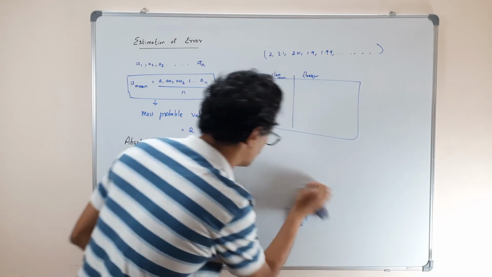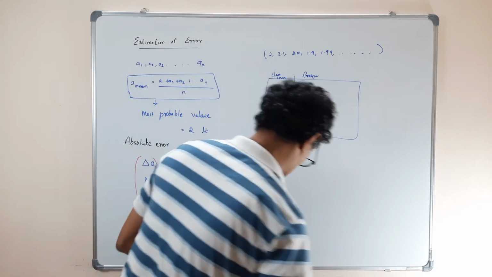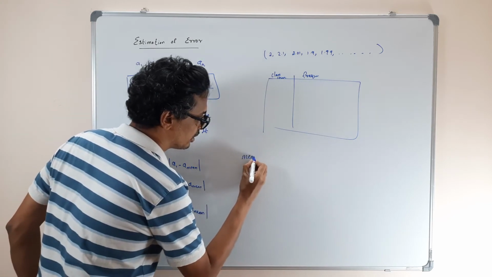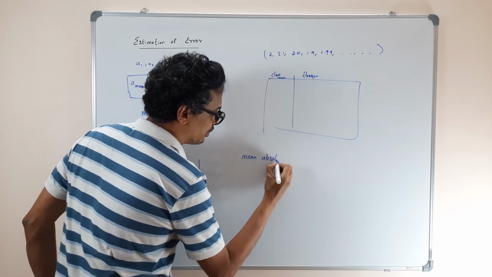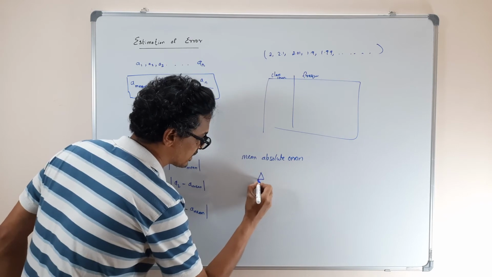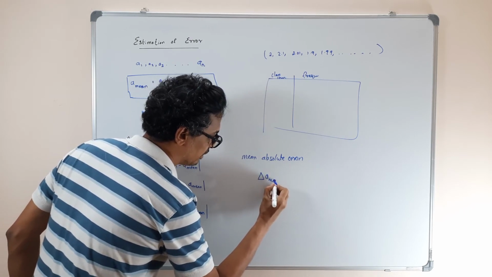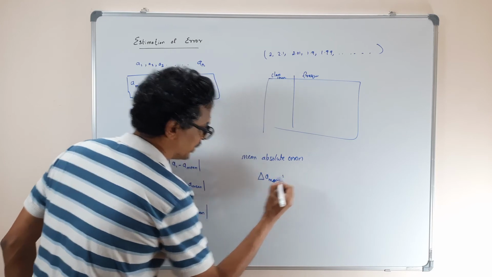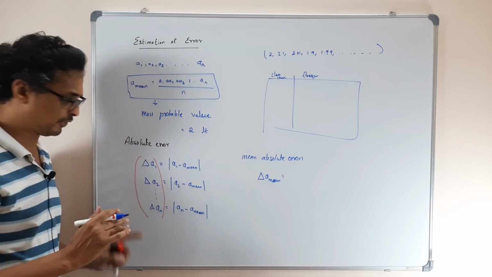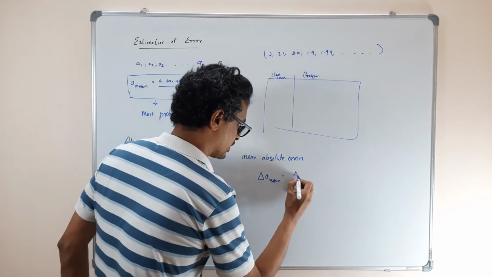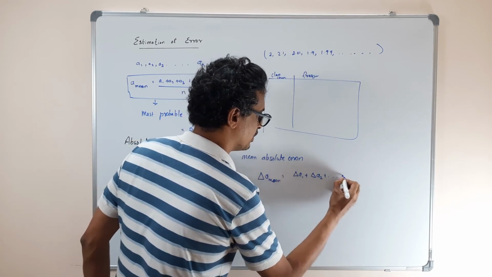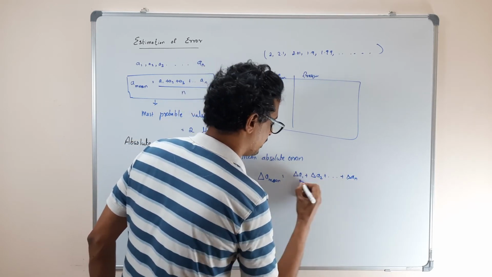Yes, mean absolute error. We write it as delta A mean. These are all positive quantities because we are taking only the mod of the difference. So delta A mean will be equal to delta A1 plus delta A2 plus up to delta An, divided by n.